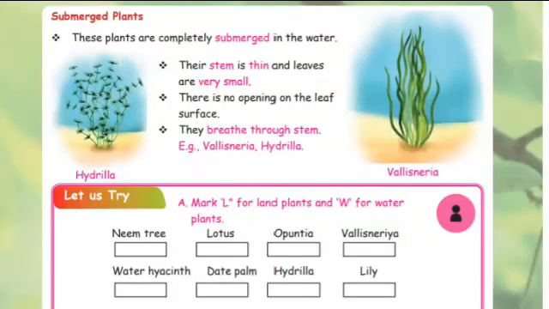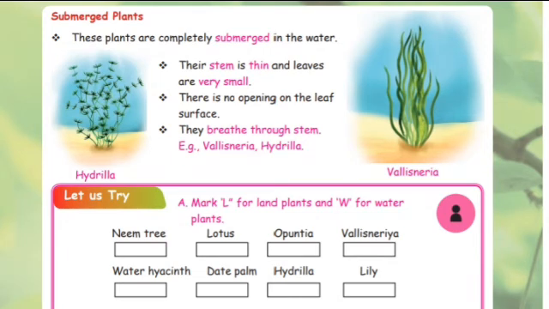Next, submerged plants. These plants are completely submerged in water. We cannot see these plants with our eyes because they grow deep in the water bodies. What are the adaptations they have?